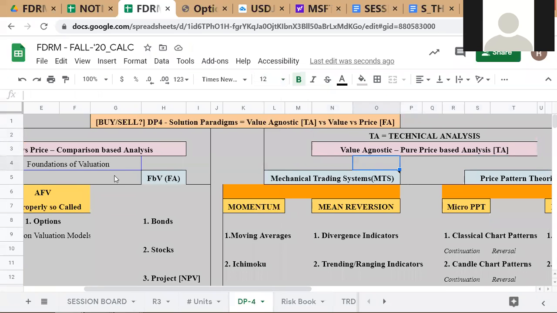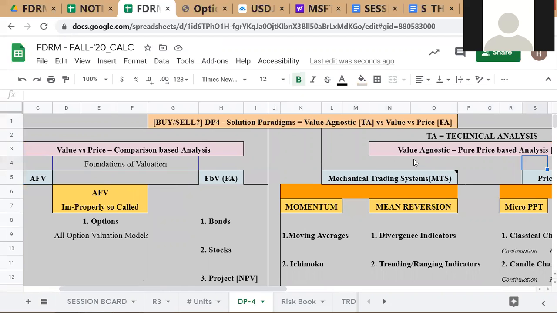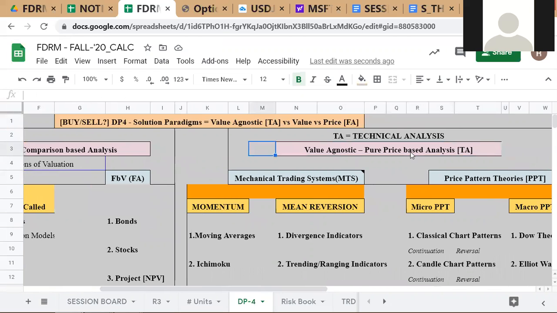So the important thing to understand is that this entire discussion of valuation is not, strictly speaking, necessary. There are certain people who actually solve this buy-sell problem without any reference to valuation. We had a brief discussion on this, and they use an approach which is value agnostic, which means it doesn't really know about value and doesn't care about knowing about value.